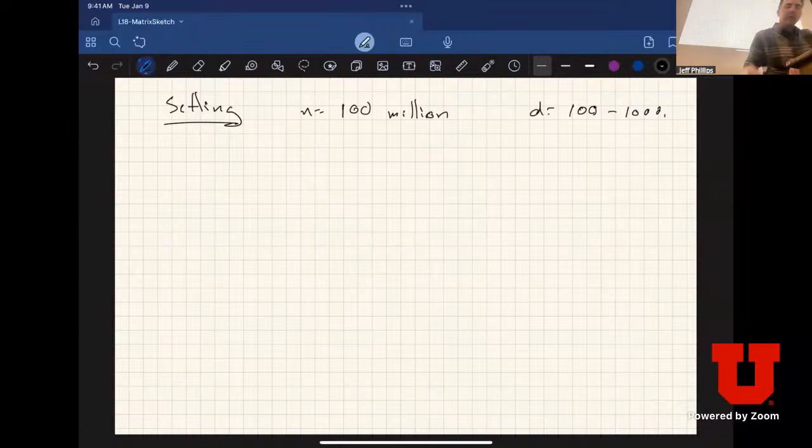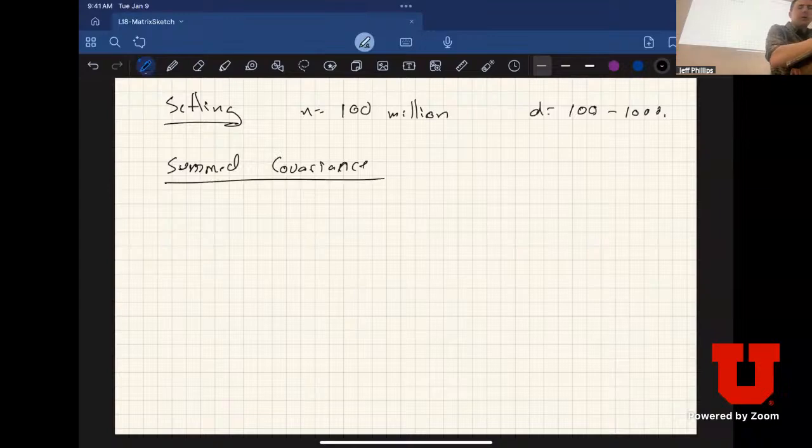Okay, so the first way of thinking about this will be summed covariance. We're going to set a matrix C, which is d by d, and we're going to set each C_ji equal to 0.